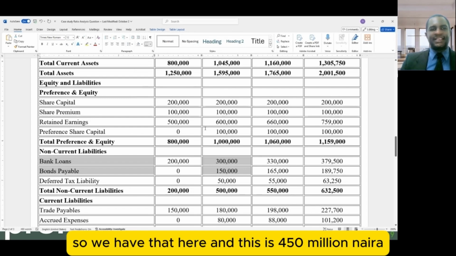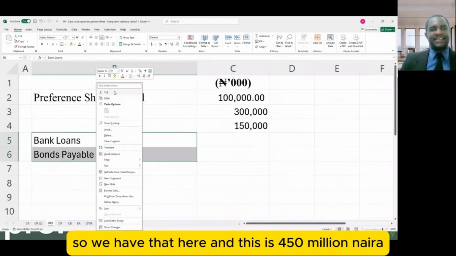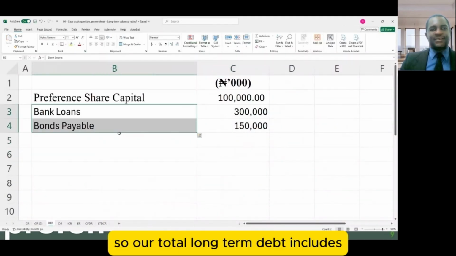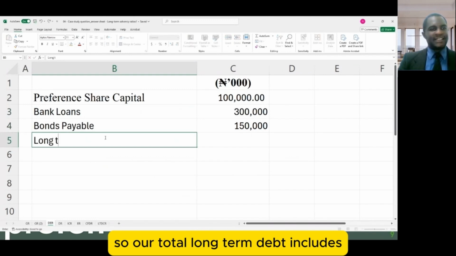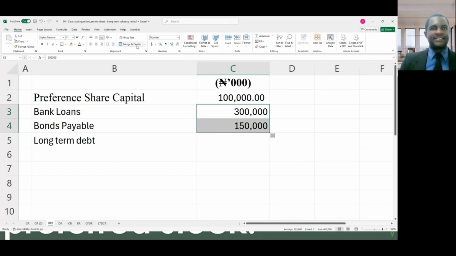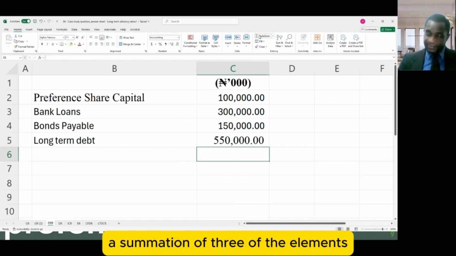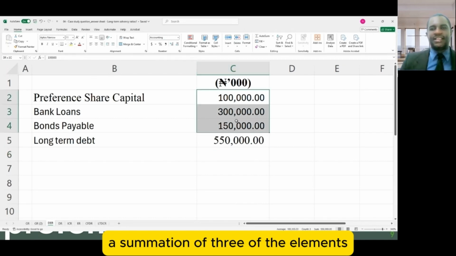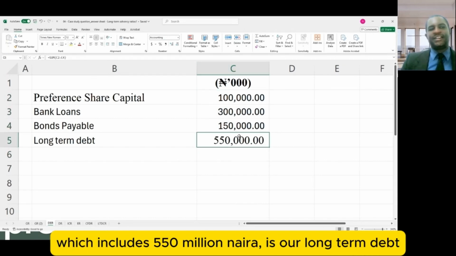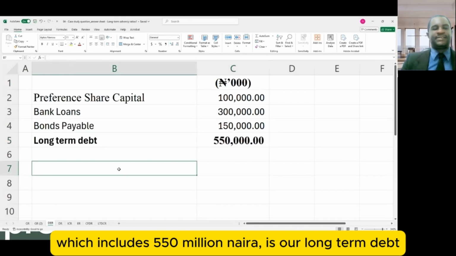We have 450 million naira, and the summation of the elements, including preference capital, gives 550 million naira as our long-term debt.